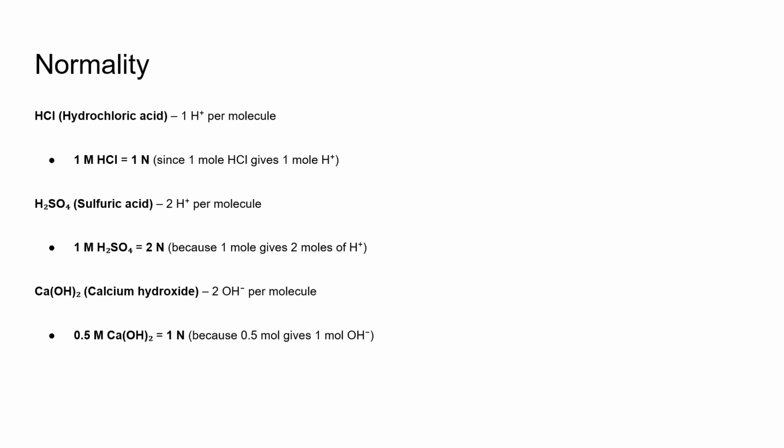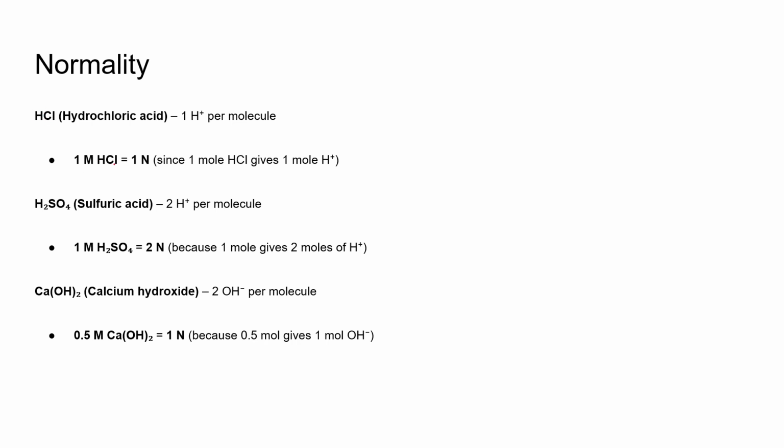So in hydrochloric acid, there's 1 hydrogen ion per molecule. So 1 molar of hydrochloric acid is 1 normality, or 1 normal, because there's no subscript here. There's 1 hydrogen that we can see.